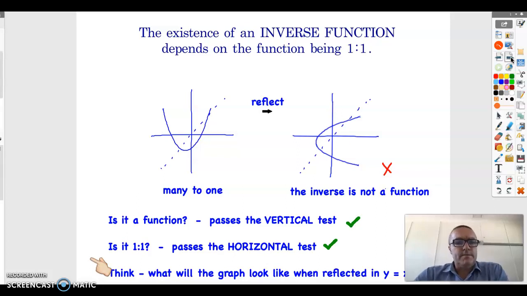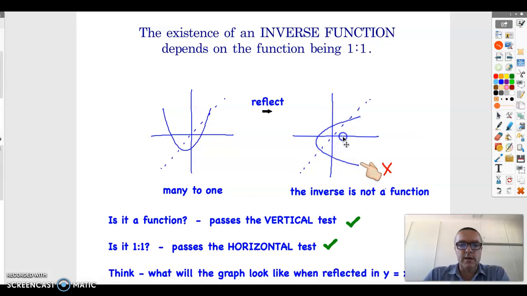Just to summarise that point, the existence of an inverse function depends on the function itself being one-to-one. What we can see here in the illustration is a many-to-one function, something that doesn't pass the horizontal line test. When we reflect that in the diagonal line y equals x, we can see what the inverse would look like.